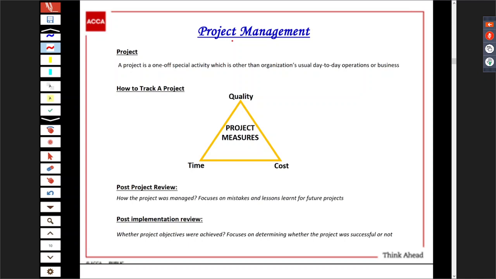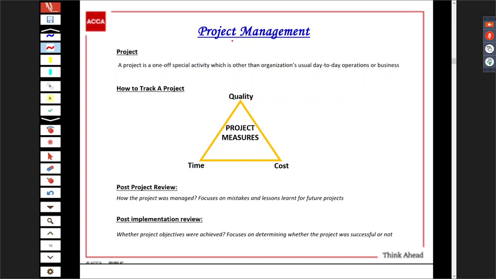Secondly, projects are expensive. They require a lot of time, resources, money, right? So a wrong decision, or if the project is not handled properly, can cause a huge loss to the company, right? So stakes are high. That is why the concept of project management comes.